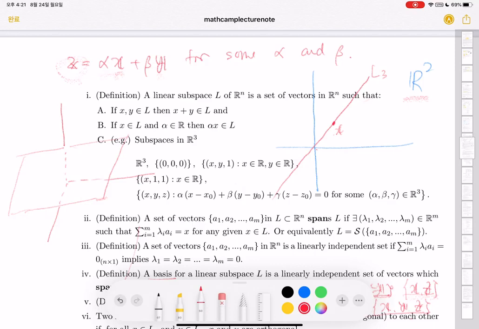Is this a two-dimensional linear space? No, it's not. It's a two-dimensional subspace in three-dimensional space, but it's not linear because it doesn't cut through the origin. The origin is not included in this space.